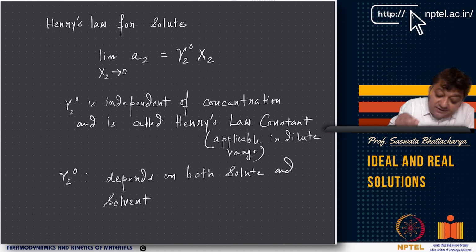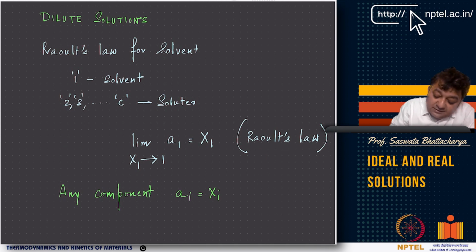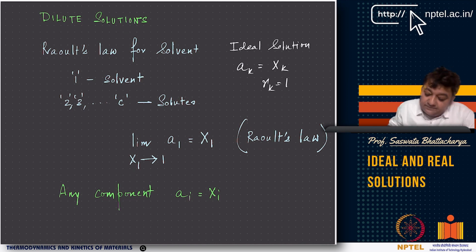Now there is some other very interesting law that comes in. When I talk about dilute solutions, Raoult's law is more about ideal solutions. It's not really about dilute solutions. Ideal solution means Ak equals xk, because gamma k equals 1, right?